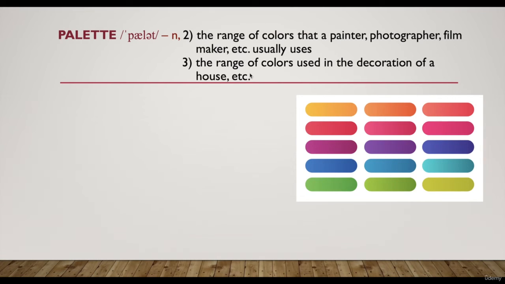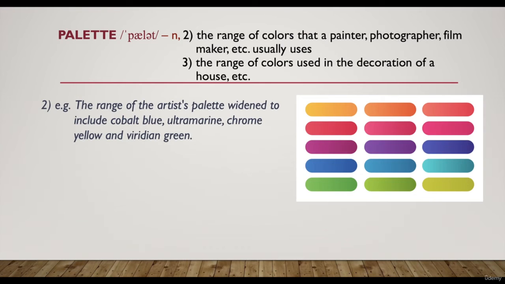And the third meaning is the range of colors used in the decoration of a house, etc. So it's the range of colors used in the design, basically. So you can see that in both the third and the second meanings, palette means a range of colors, whether used by professionals or in interior design.